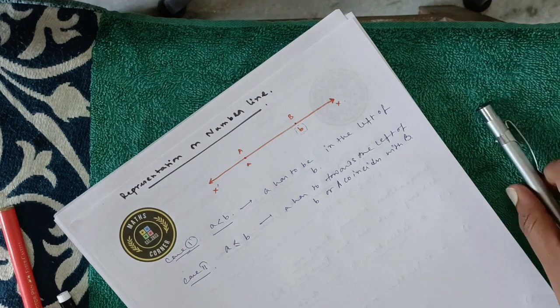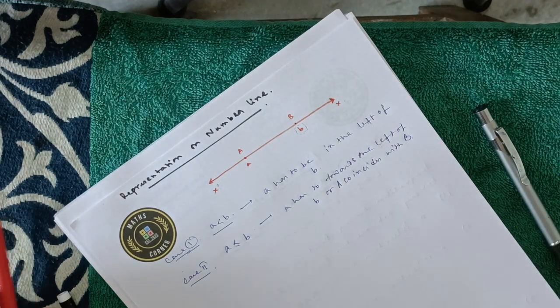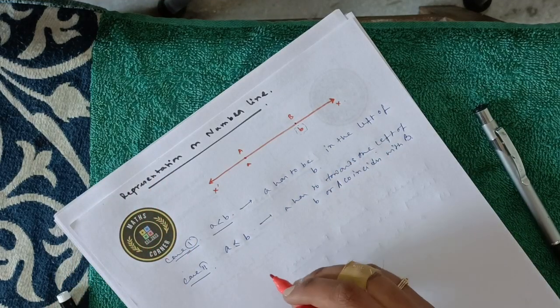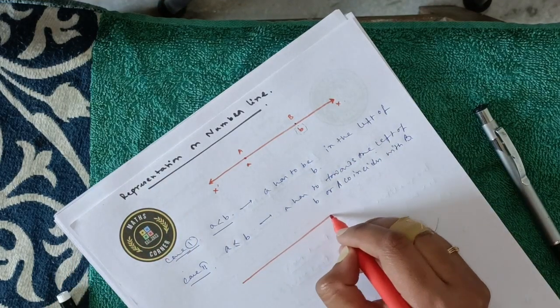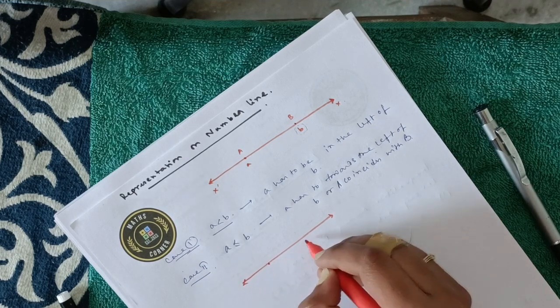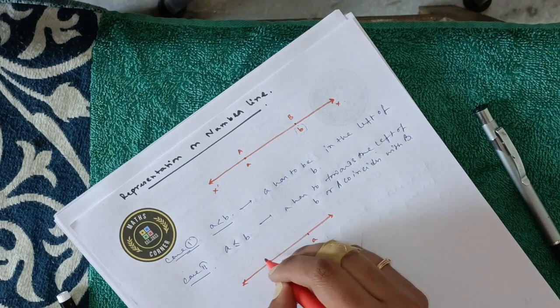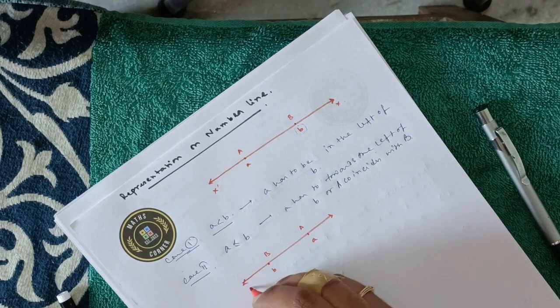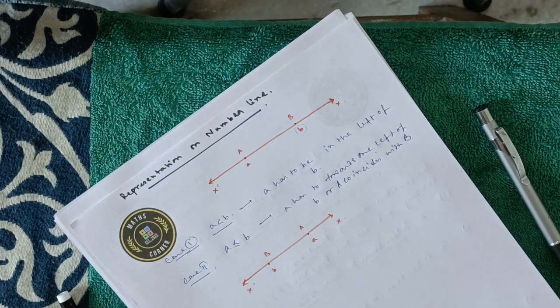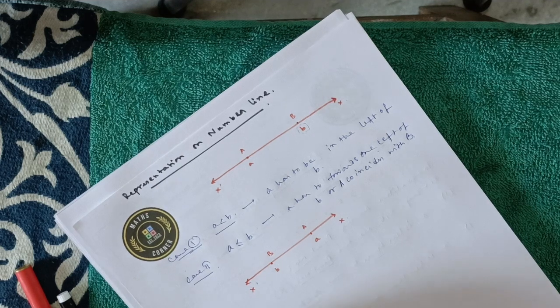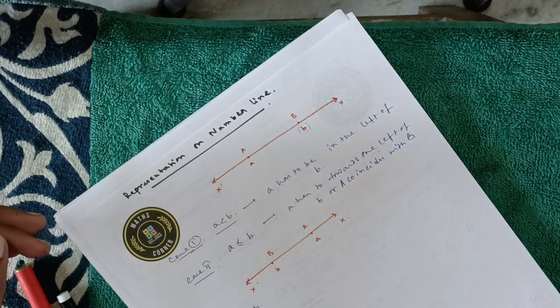For A greater than B, what will happen? This is for A less than B and less than or equal to B. Now for case 3, A greater than B. What will happen?